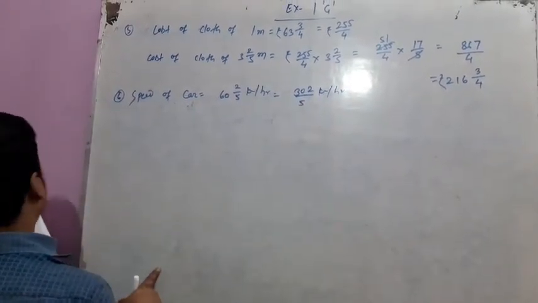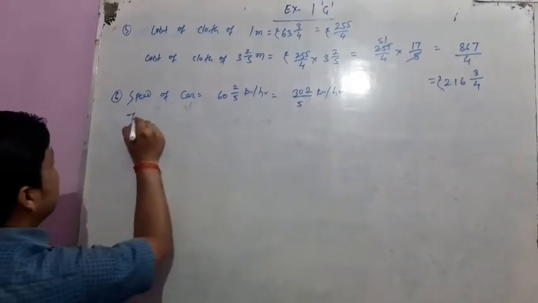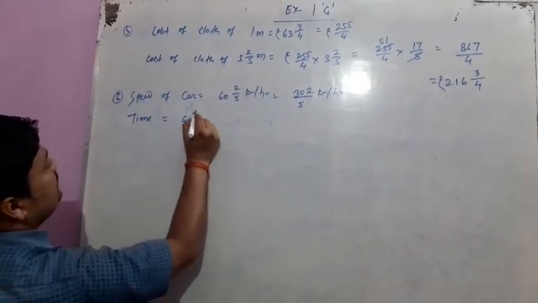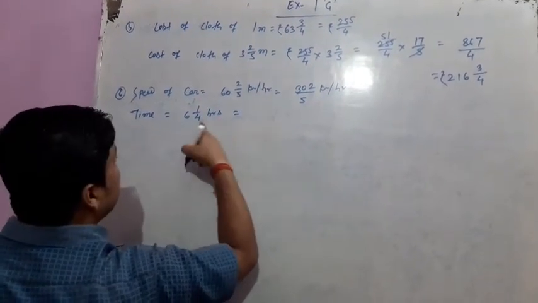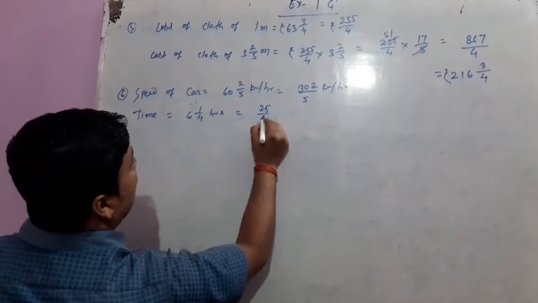How much distance will it cover in 6 whole 1 by 4 hour? Here the time is 6 whole 1 by 4 hour. That is 25 by 4 hours.